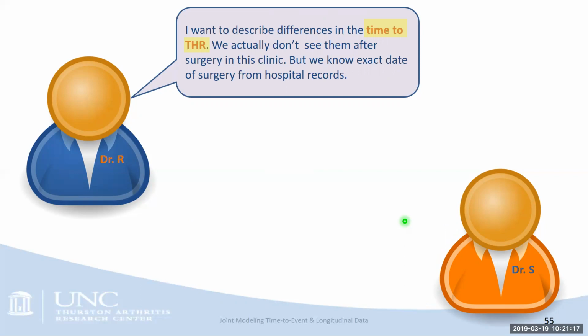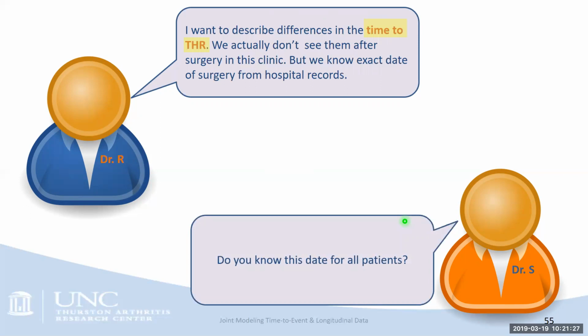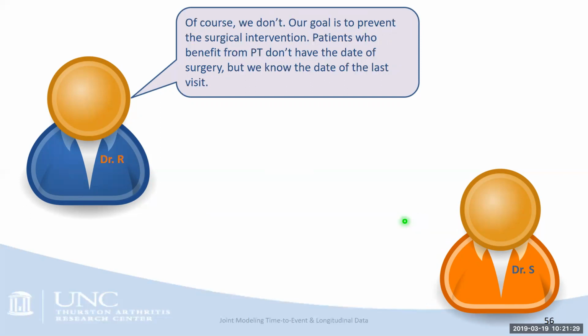So they actually don't see patients after surgery in the clinic, but they know the exact date of surgery from hospital records. Now Dr. S is curious, do you know this date for all patients? And of course they don't, because if patients benefit from PT, they don't have surgery, and they don't have the date of surgery.